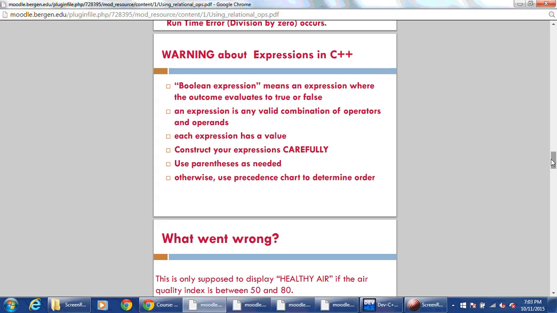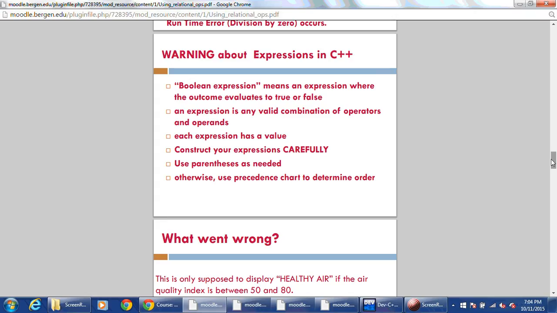Every expression is going to have a value depending on what type of operator it is. For arithmetic operators, you're not necessarily going to have a true or false value. You're going to have a result, as we went over with val plus 1, val plus 2. But any relational expressions or logical expressions will have a value of true or false.